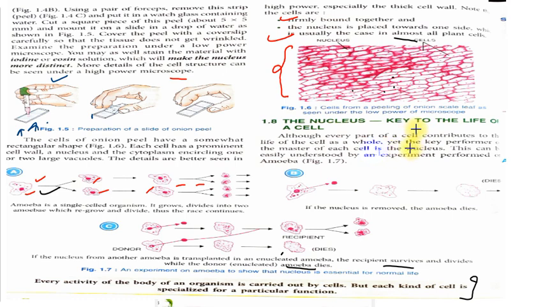Although every part of a cell contributes to the life of the cell as a whole, yet the key performer or the master of each cell is its nucleus. Keep it in mind. This can be easily understood by an experiment performed on amoeba, right? This is the experiment performed on amoeba.